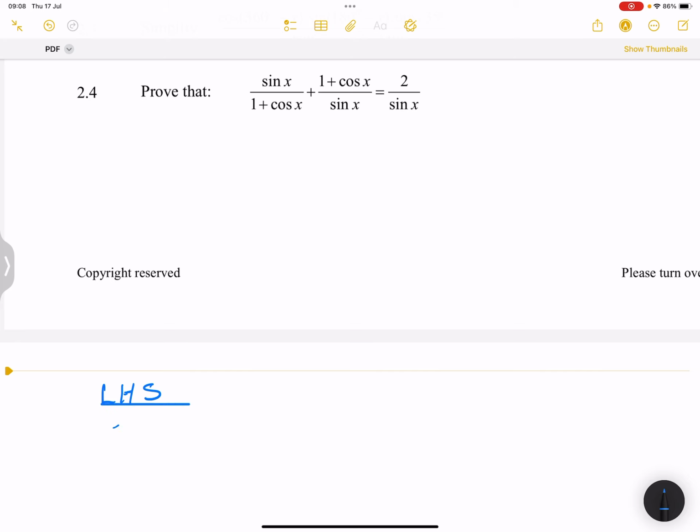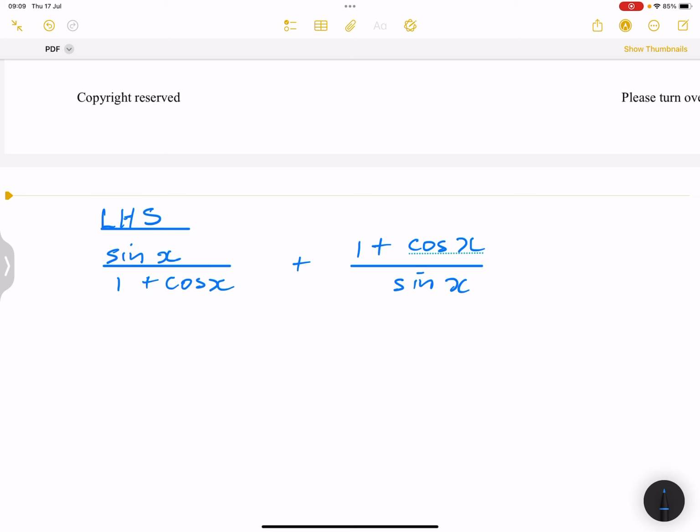So I've got sine of x divided by 1 plus cos of x, plus 1 plus cos of x divided by sine of x. Now I am adding fractions, right? So firstly, I know I've got my LCD. What is my LCD? Well, that would be the product of the two.